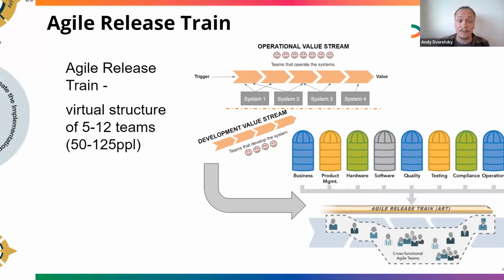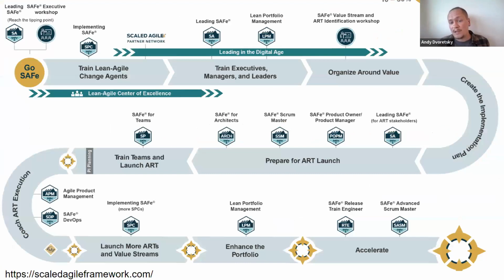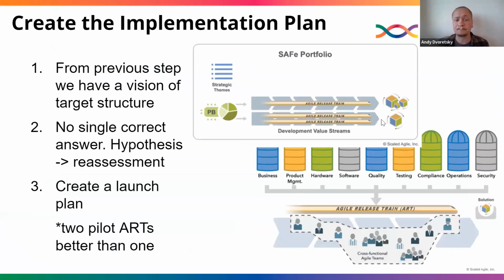I hope it's clear. When we have had this identification workshop and identified a set of value streams and a set of Agile Release Trains, we need to create a plan for how we are going to launch them, in which sequence. From the previous step, we have a vision of the target structure. And just to mention, there is no single correct answer on how exactly we are going to cover our organization with value streams and Agile Release Trains.